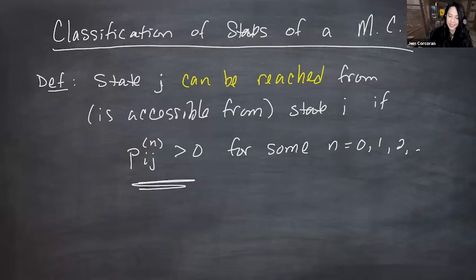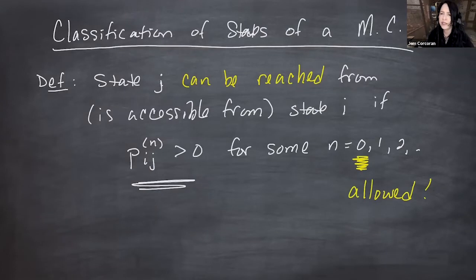And note that n equals 0 is actually allowed. This is a convenience, much like defining 0 factorial to be 1 is a convenience.